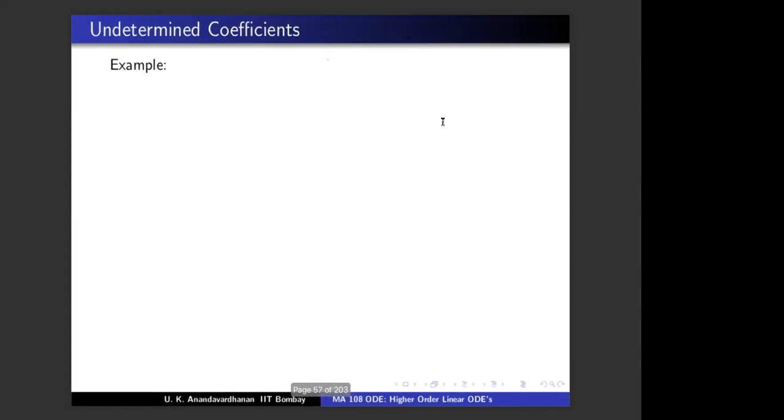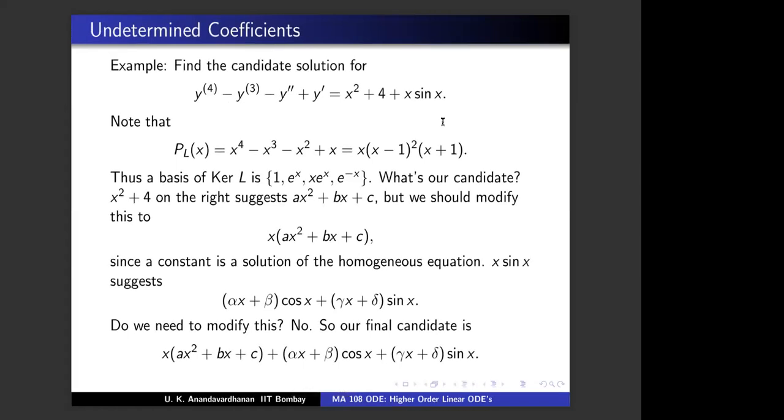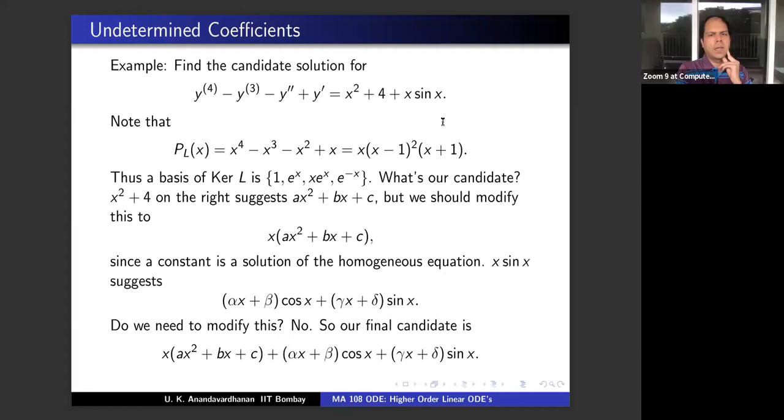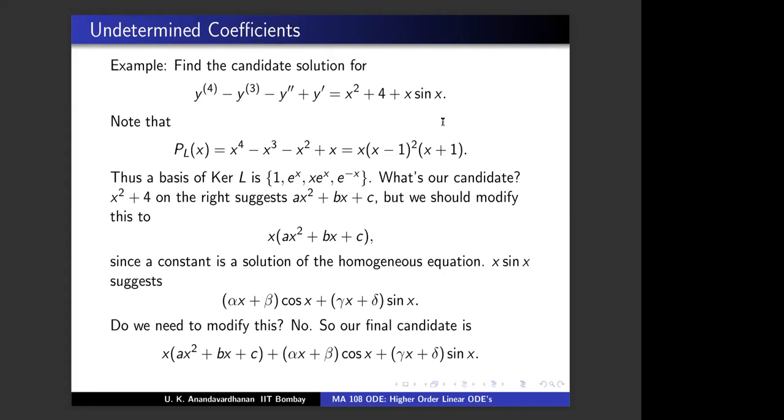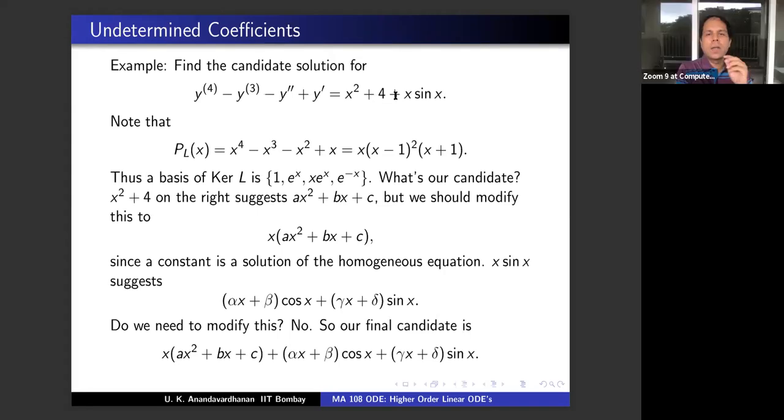Sir, here why are we modifying x of C, only C is the part, no? We should modify everything again. Say that again. Since 1 is already a solution, no? Yeah, but our method is, once you have a quadratic polynomial, you will take the general quadratic polynomial. And because this has a part, see, this is just a method.